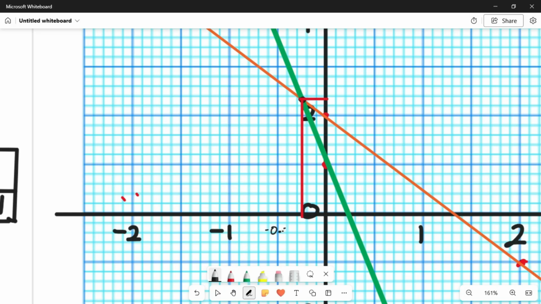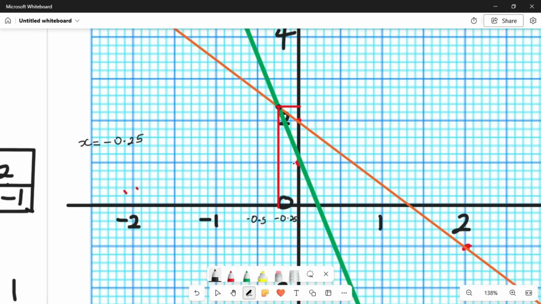So this is minus 0.5. Our point is right here, so this is like minus 0.25. So we can say our x is equal to minus 0.25.